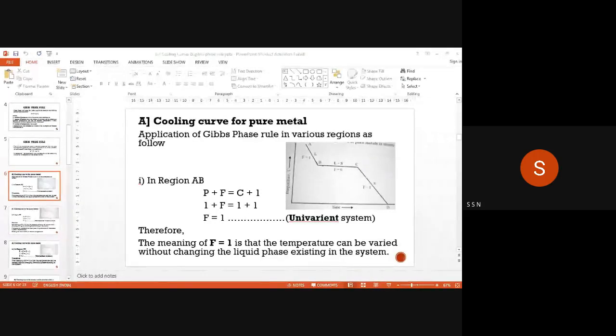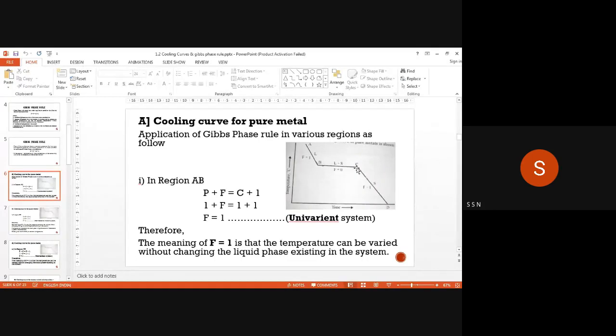And thirdly, on line C to D, only the solid phase of that metal is there, and F is equal to 1. That means the degree of freedom is 1. Only one variable can be varied, either temperature or concentration, without changing the phase. If you change the temperature from C to D, the phase will not change.